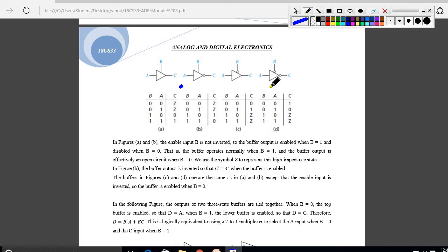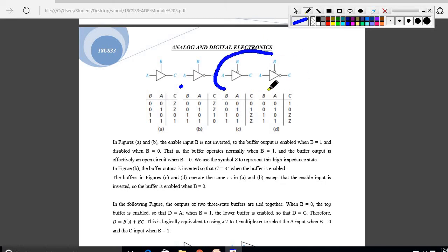But here in these two, figures C and D, these act as inverted buffers, because there is a bubble at B. It is a reverse case. In the previous case, when B is 0, C acts as an open circuit. If a bubble is present and these two act as inverted circuits, then when B is equal to 1, C acts as an open circuit in these two cases.